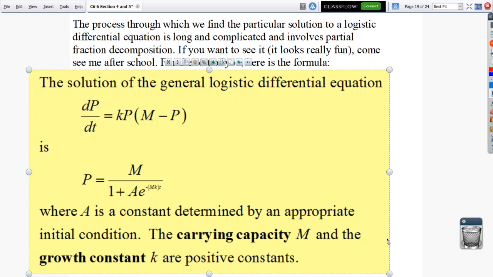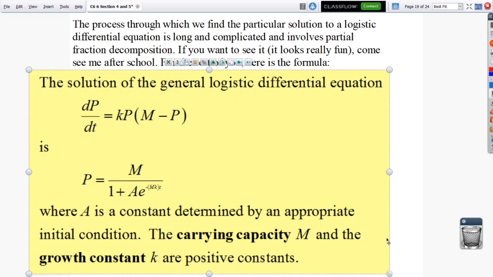For the rest of you, you actually have a formula. If you have dP/dt equal to kP times the quantity (M minus P), you can have the general solution of P equals M over 1 plus A e to the negative Mkt, where A is a constant determined by an appropriate initial condition, the carrying capacity is M, and the growth constant is k, and they are both positive constants.